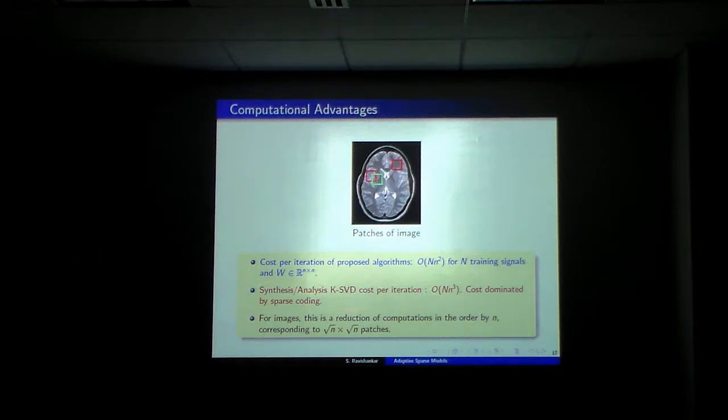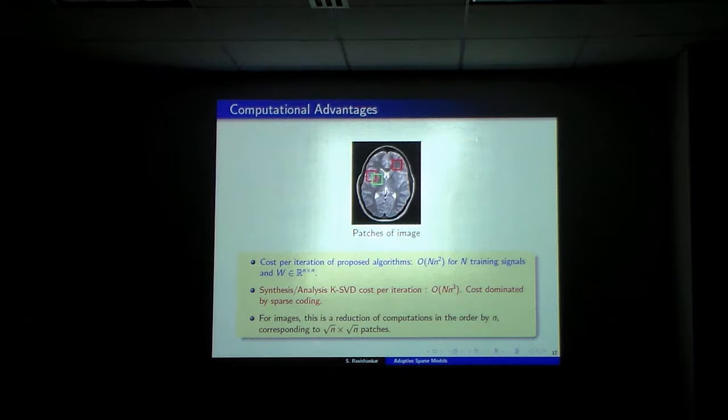On the other hand, popular synthesis or analysis dictionary learning algorithms such as KSVD mostly scale as a cube of the size of the signal. So there is a big difference in the computational cost, particularly when you're looking at large dimensional signals.